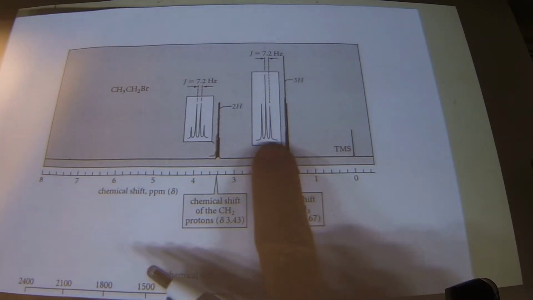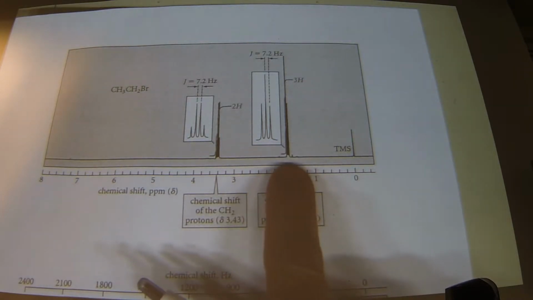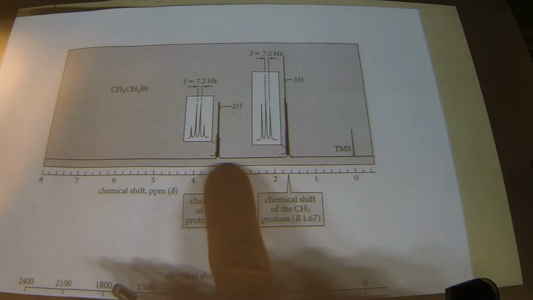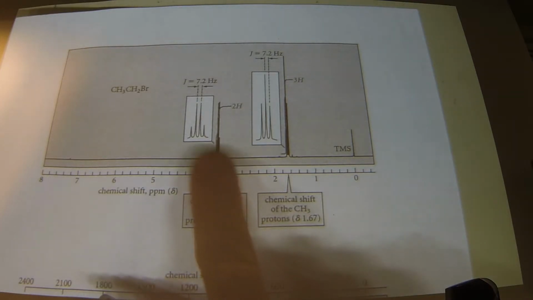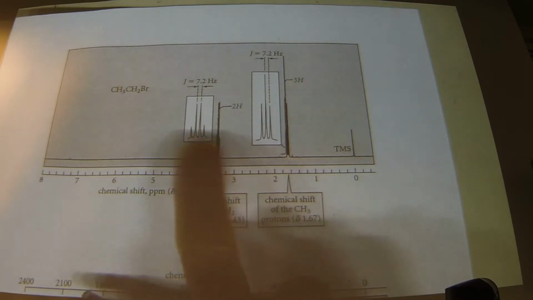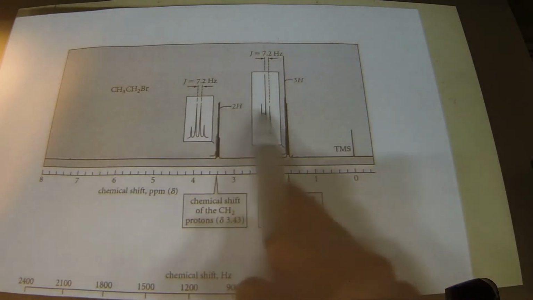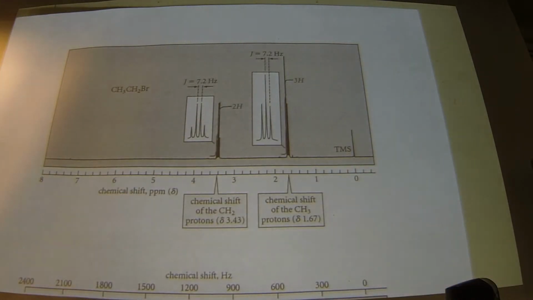So here it is. That means that if I didn't know the structure and all I had was the spectrum, then I could look at this triplet and I could say, aha, that must mean that this CH3 has a CH2 next to it. Or I could look at this quartet and say, aha, that must have a methyl group next to it because 3 plus 1 equals 4. And so I can work backwards from the multiplicities of these peaks and figure out what I have.